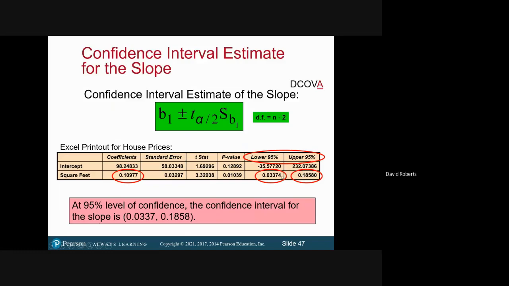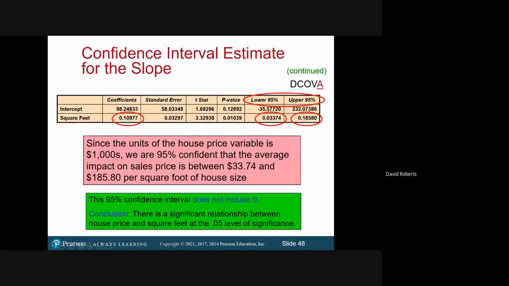And so it even gives us the printout of the lower and upper confidence intervals, and it tells us that it is statistically significant. So that's what's really powerful about this. And we're also 95% confident that it doesn't include zero.